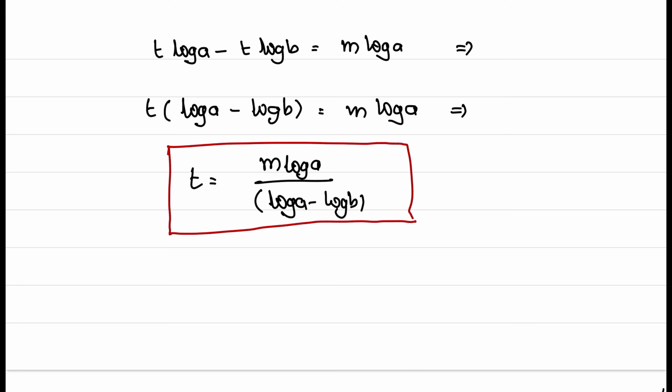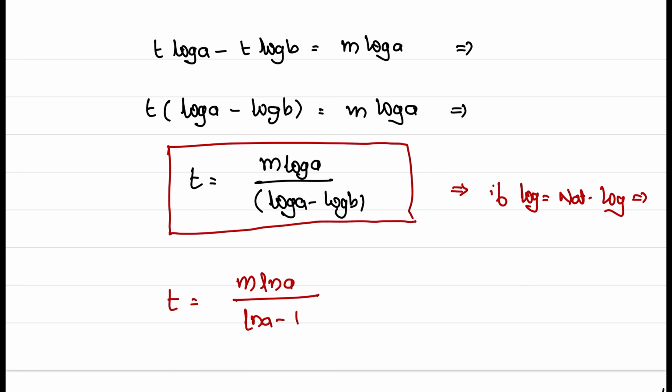For example, if log is the natural logarithm, it implies t is equal to m ln a divided by ln a minus ln b. This is the t value.